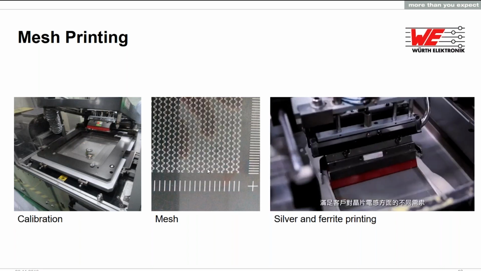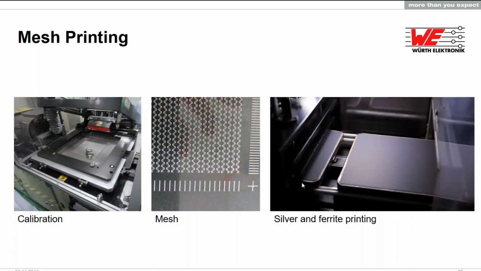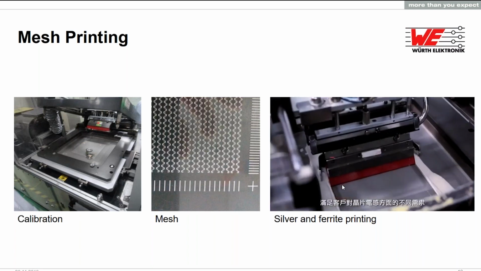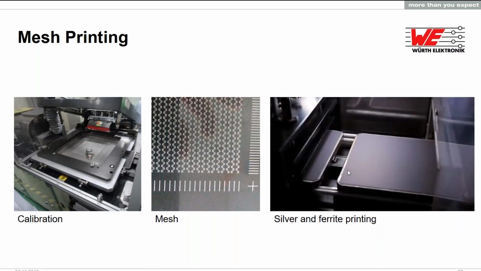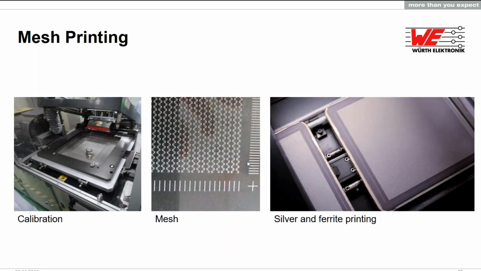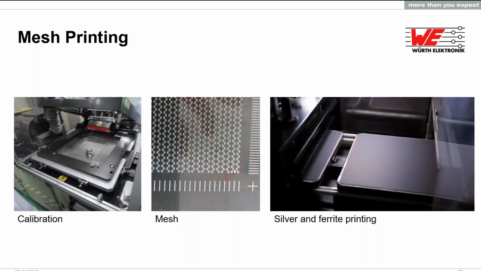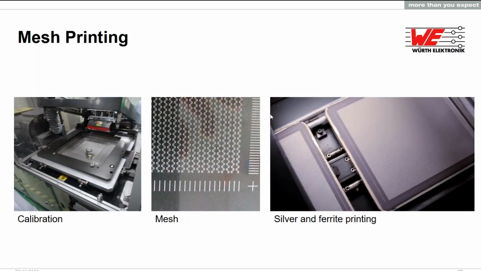So this stencil would be where all the silver layers are printed on. In the last clip here is the ferrite printing. This is when the ferrite paste is put on and rotated to get each winding, to get your coil windings.